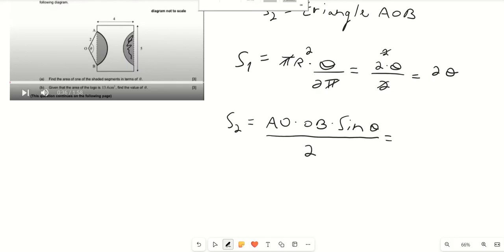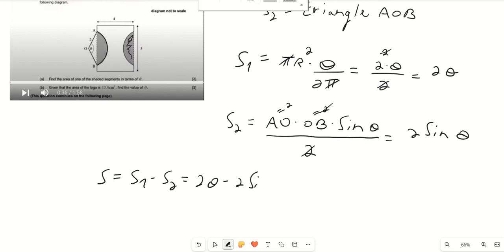So we have here 2 and 2, and I strike down one of those 2, and I am left with 2 sine of theta. So the area of the gray segment, as I wrote, is S1 minus S2, which is 2 theta minus 2 sine of theta, or more nicely 2 times, in parentheses, theta minus sine of theta. So this is the answer for A.